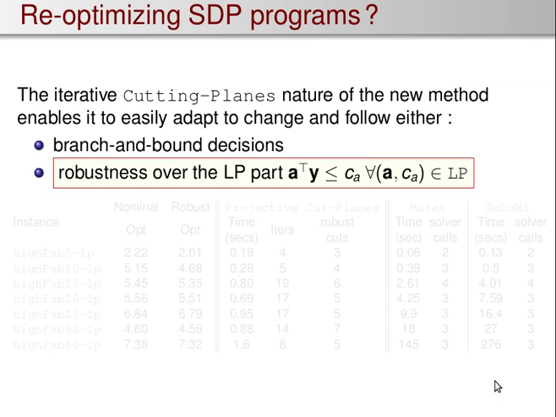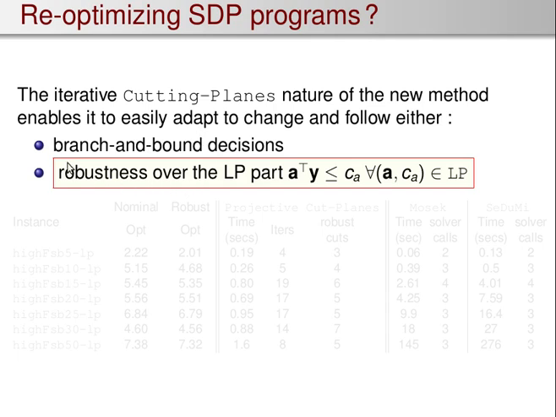And more interestingly, to some extent, I almost don't even need numerical results to address an interesting feature, reoptimizing SDP programs. I've often seen talks where the goal is to solve a sequence of SDP programs. They can differ from one another, for instance, by some branch and bound decision.